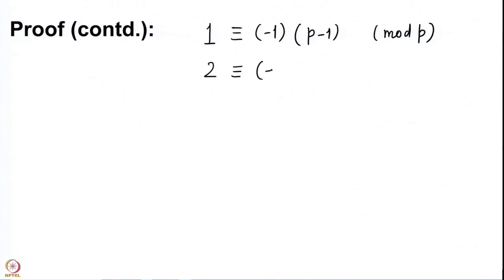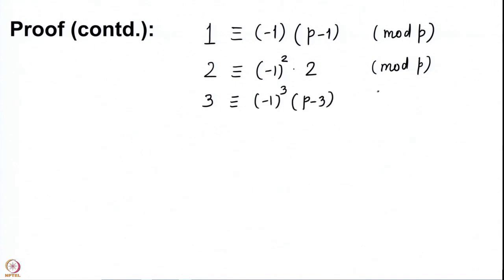So, we observe that 1 is congruent to (-1)(p-1) mod p, and 2 is congruent to (-1)^2 (p-2) mod p, 3 is congruent to (-1)^3 (p-3) mod p, and so on.